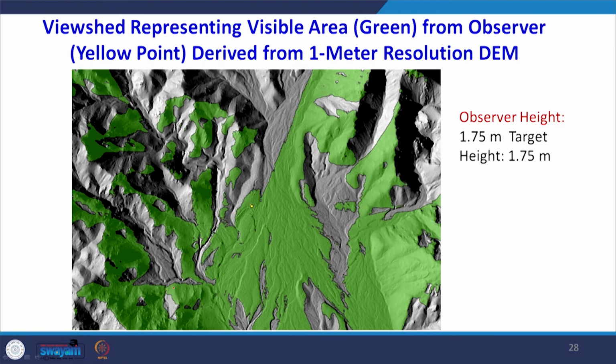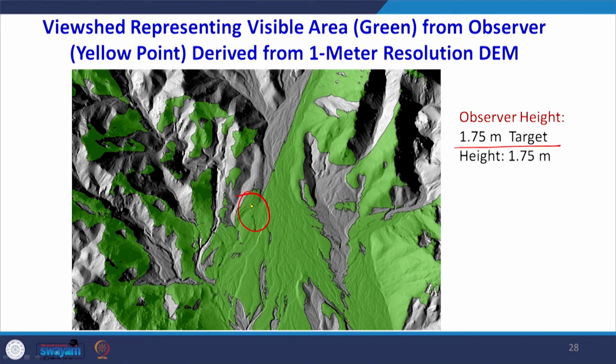Now if you would like to see an aerial view of how much area is visible, one can see that at the center there is a small yellow dot, and this yellow dot indicates that 1.75 meter is the height of the observer taken at this point.